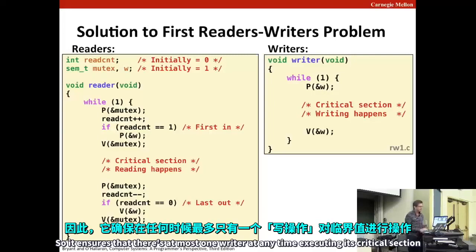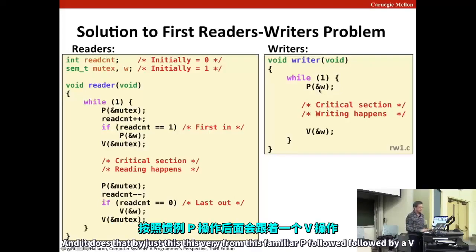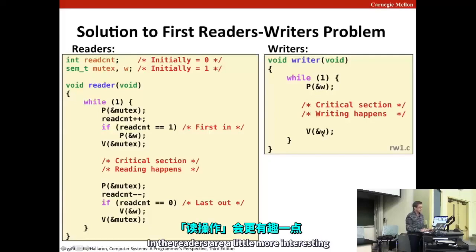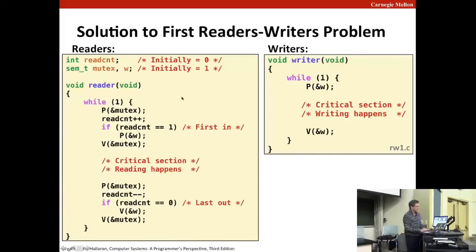It ensures that there's at most one writer at any time executing its critical section, and it does that with this familiar P followed by a V.